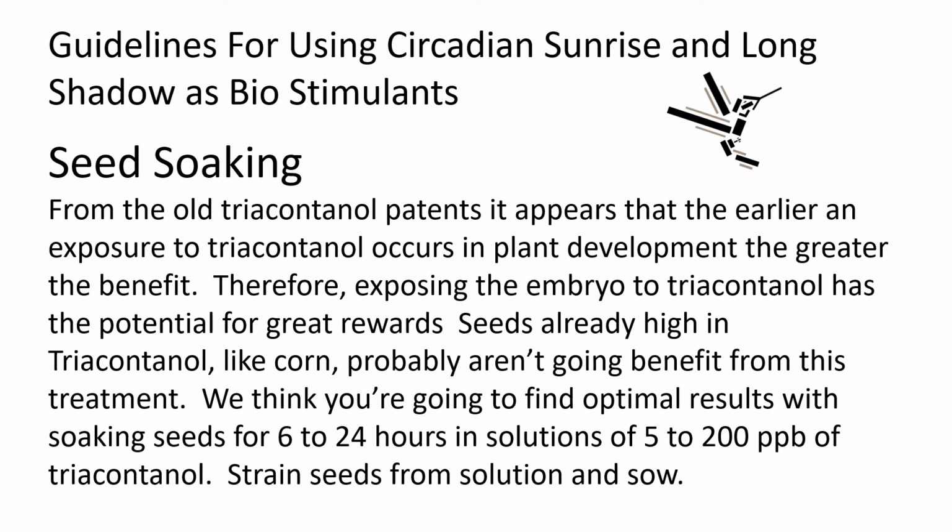We have tested a number of seed soakings with a number of field crops, and really 200 parts per billion, that's max. I think by far and away, most seeds, it's going to be 40 parts per billion or less is where you're going to see a benefit.